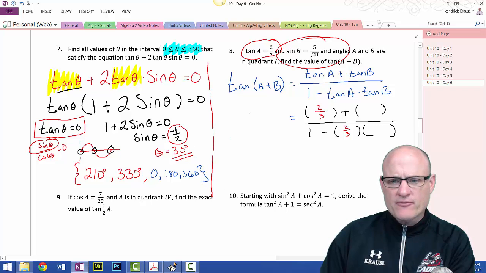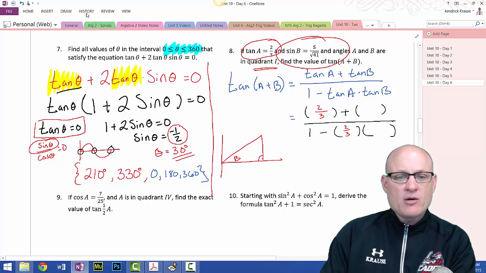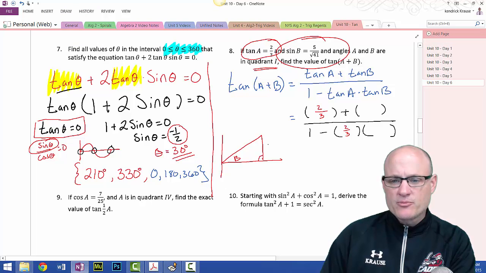So let's talk about it. First of all, it's in quadrant 1. That helps us out. We're going to draw a triangle in quadrant 1 for triangle B. And I was told that sine of B, sine is opposite over hypotenuse, is 5 over square root of 41. Well, because I gave you some obnoxious square root there, I'm pretty sure this is going to turn out to be a nice one.